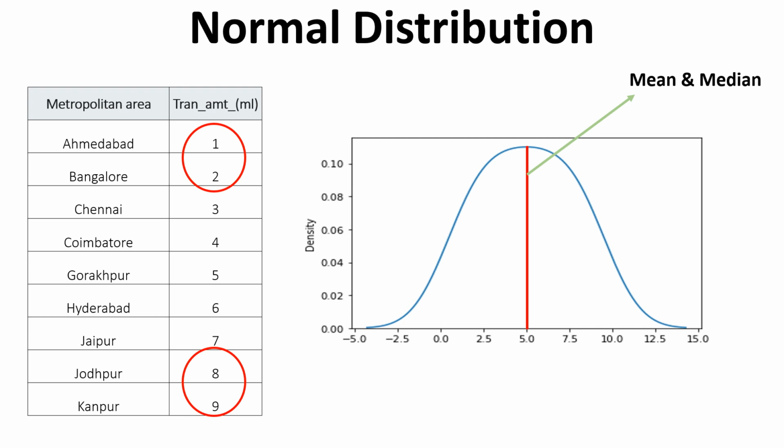Now if your data has some numbers occurring multiple times, which is called the mode, then the peak of this normal distribution or bell-shaped curve represents the mode. The curve resembles the shape of a bell, which you usually see in temples and so on.